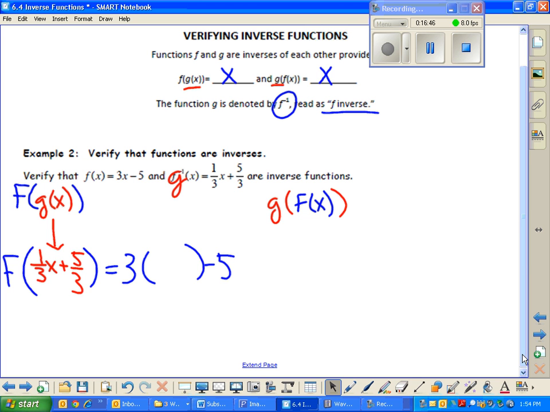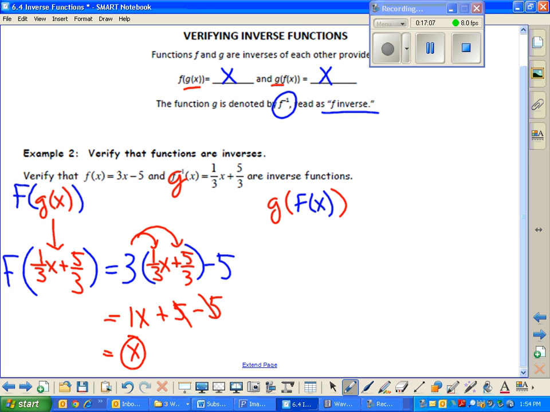And then where that x was, I need to substitute in 1/3 x plus 5/3. And then I distribute the 3 in. 1/3 of 3 is 1. 5/3 of 3 is 5. My 5's undo each other, and I get x. So that left one works out.